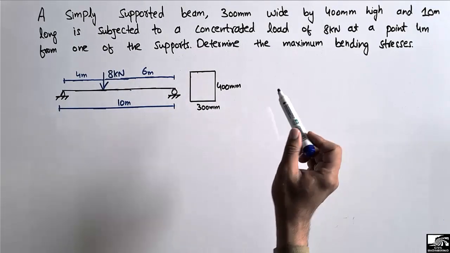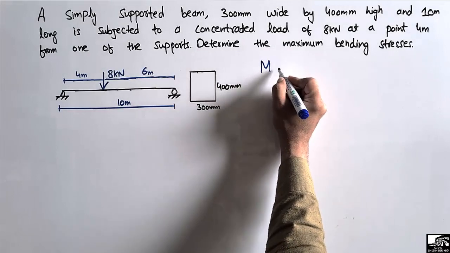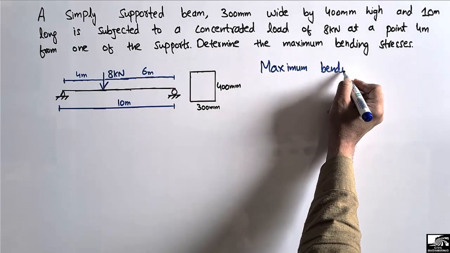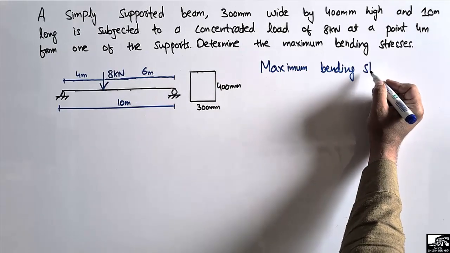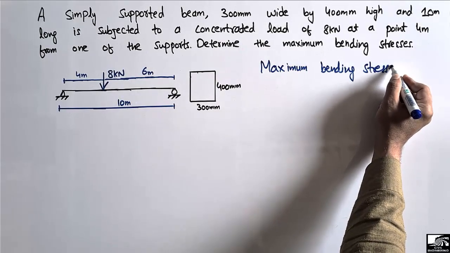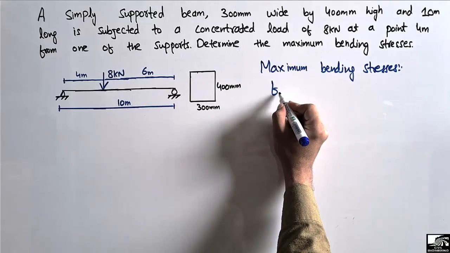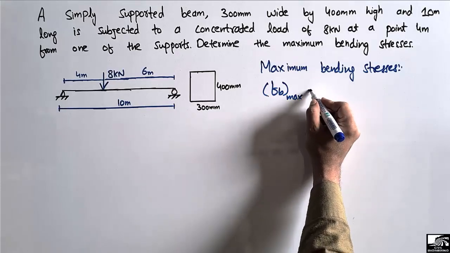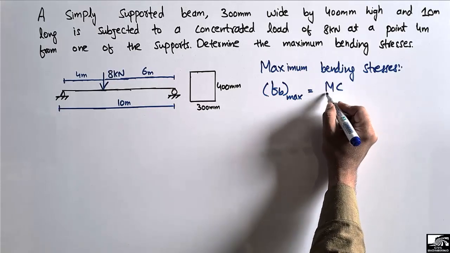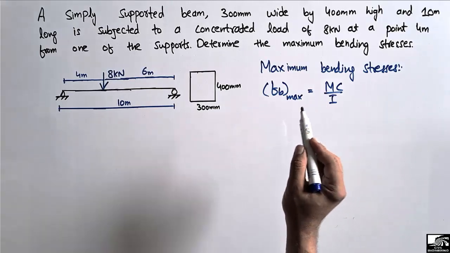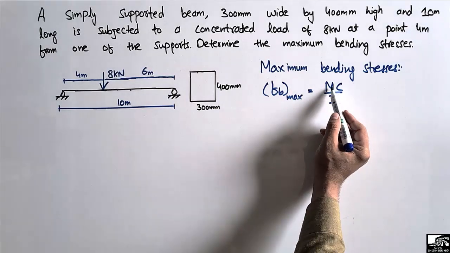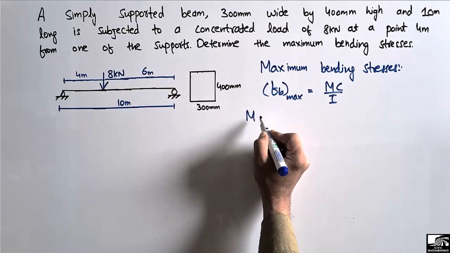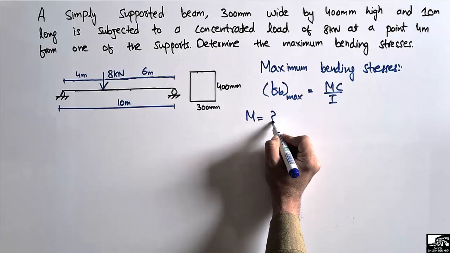So to find out the maximum bending or the flexural stresses, we can use this formula: sigma maximum is equal to MC over I. Now this is maximum bending stresses, so M corresponds to the maximum bending moment in the beam.